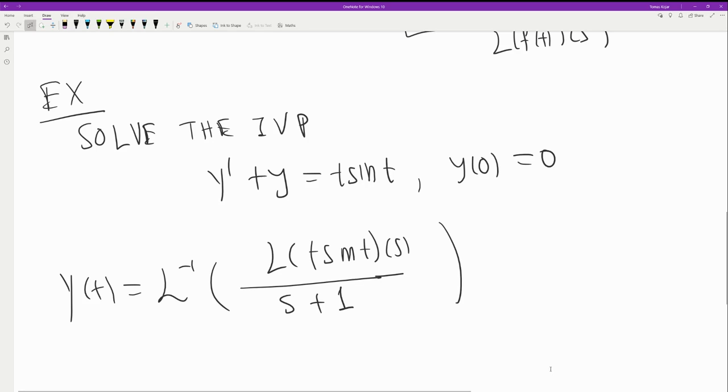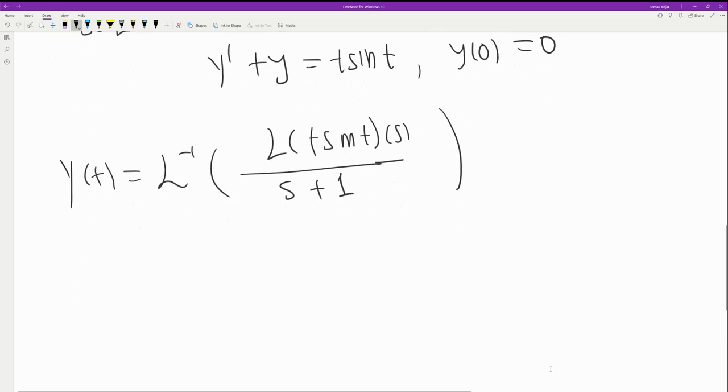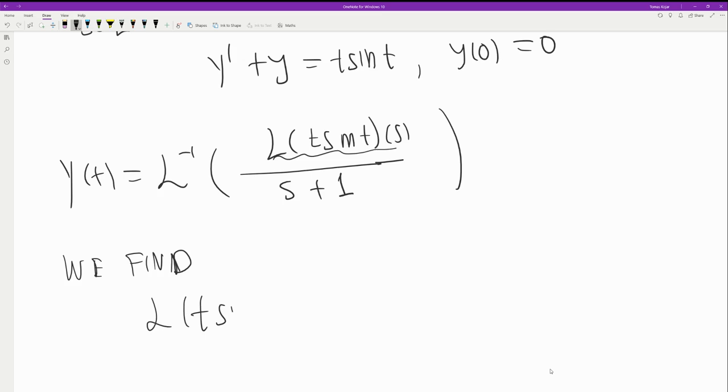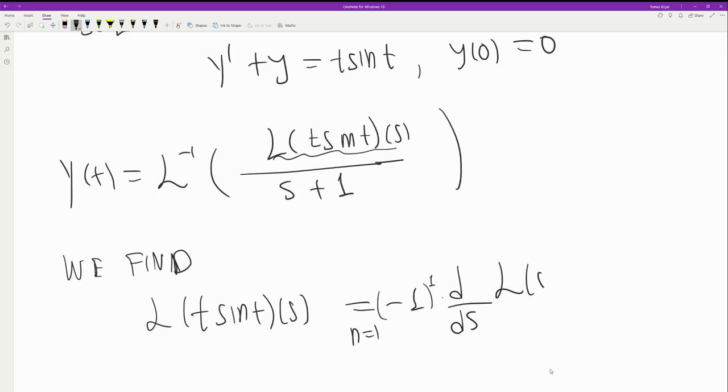So, as done in the previous clips, we have to find this guy first. Here n is 1 in our formula, so we have minus 1 to the 1 times the first derivative of the Laplace transform of sine.